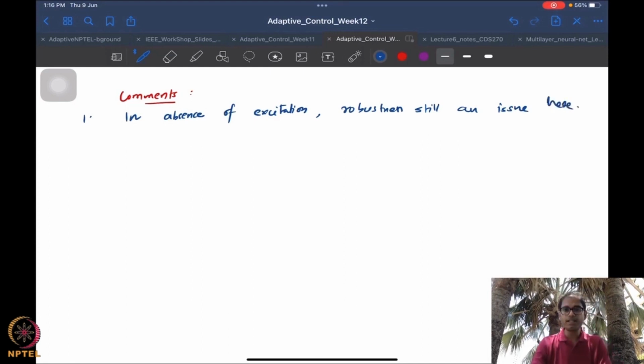So please don't think that just because I did some new method, I got rid of persistence, I have initial excitation. Yes, initial excitation is easier to obtain than persistent excitation. Right. So if you have some excitation initially, more than okay. But if you don't have even that, then you still have a robustness issue in the presence of disturbance.